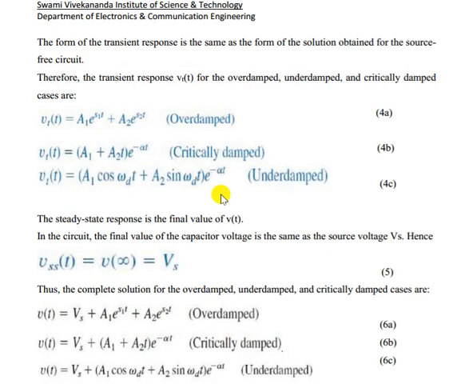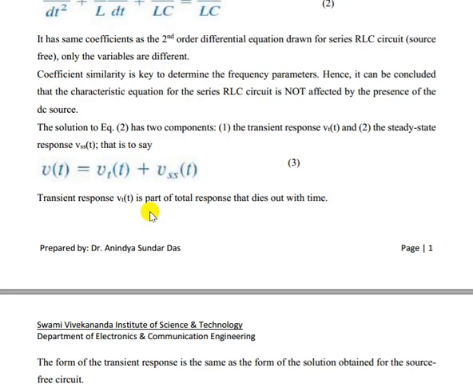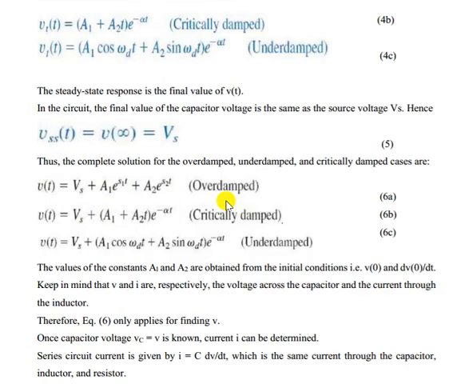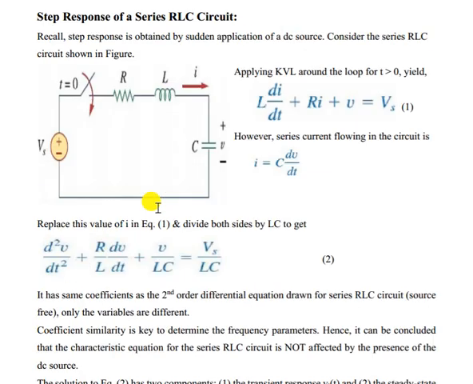Now for this step response circuit, we have to find the final value, which is the steady state response. In steady state, the inductor is a short circuit and the capacitor is an open circuit. So across the capacitor, what is the voltage?